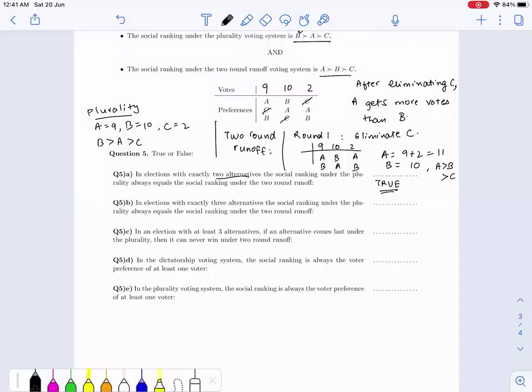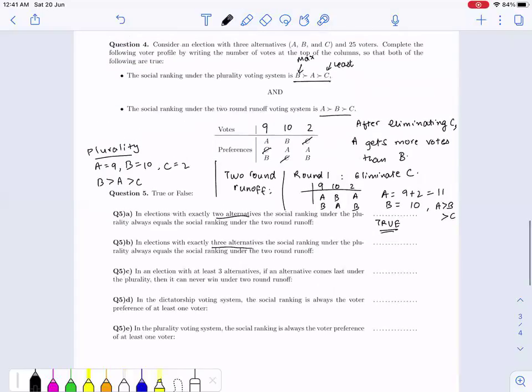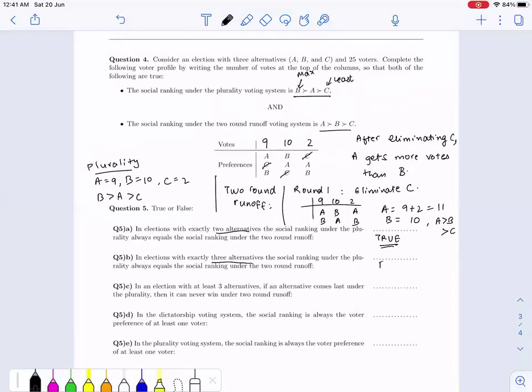The second one says that if you have exactly three alternatives, the social ranking under the plurality system always equals the social ranking under the two-round runoff. We just saw that this is false. See question 4 above. So here you had three alternatives A, B, and C, and the ranking under plurality and two-round runoff is not the same.